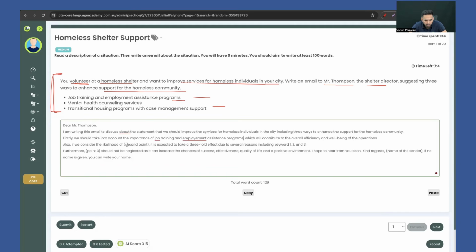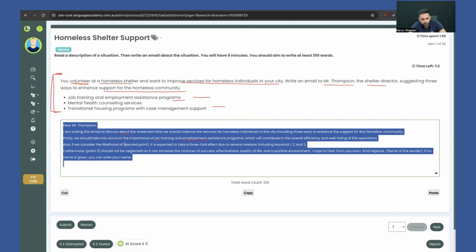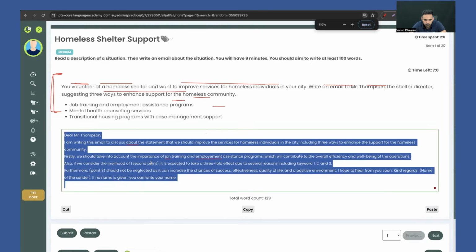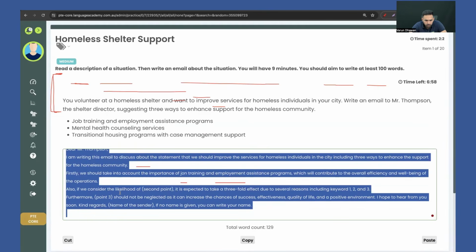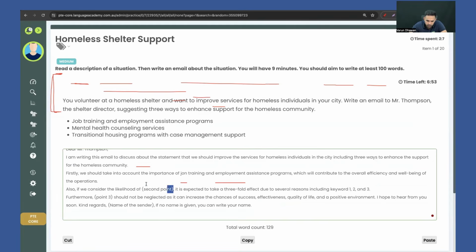Also, if we consider the likelihood of, second point here, second point is likelihood of mental health and counseling services.